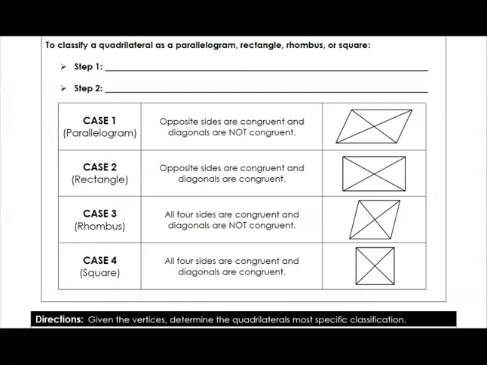So as I said in the introduction, the two things that we'll be doing, and we'll do them in this order. Step number one is we will check the congruency of the sides.